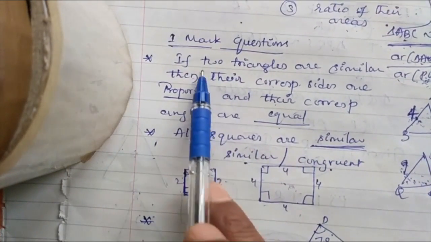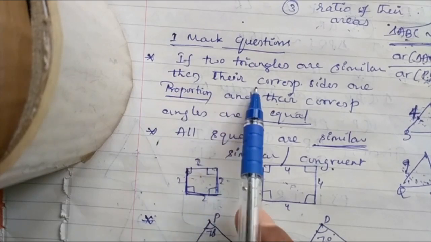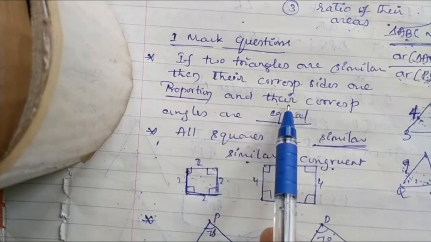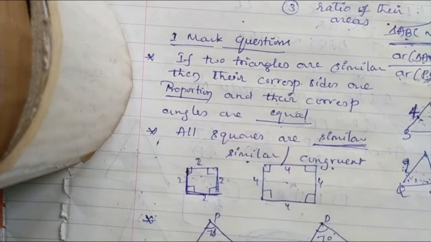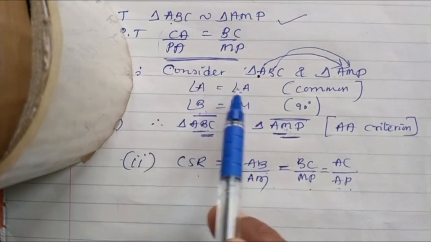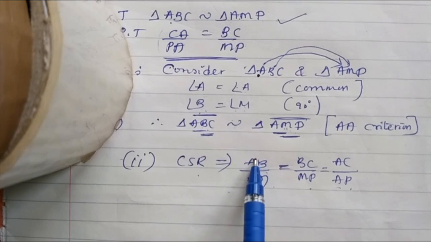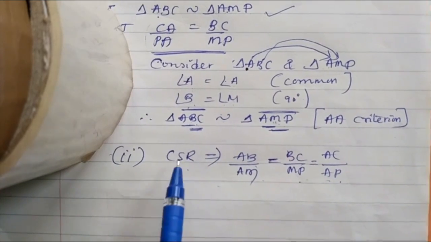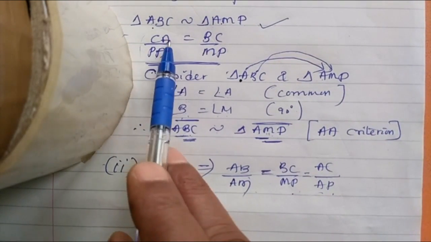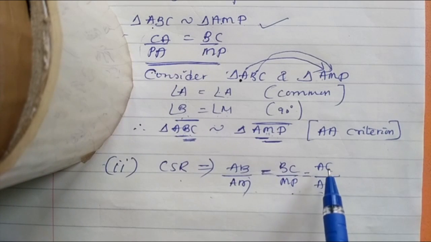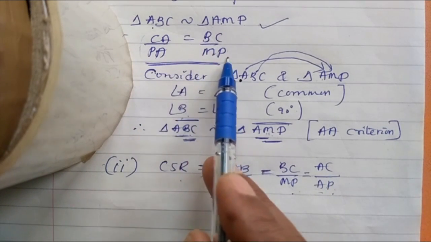We learned that if two triangles are similar, then the sides are in ratio and their angles are equal. Look at the AA criterion. Their angles are equal, but their sides are in proportion. Then what to prove? Look at CA by PA, and BC by MP.